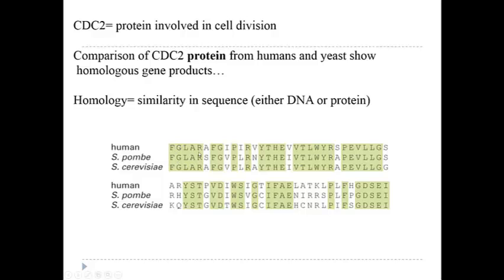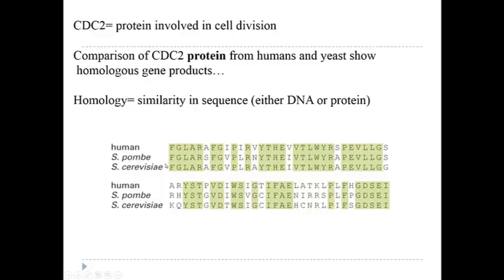In this diagram, you could see in green, these are areas where the amino acids are identical. So threonine, valine, leucine, etc. In the areas where they're white, they're not identical.